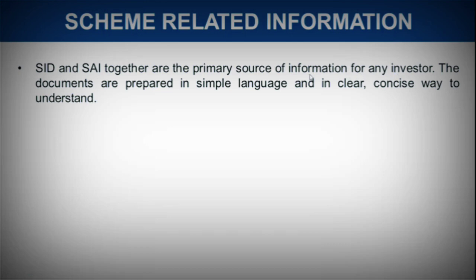So it's like a primary source of information that should be easily available to the investor, and that too in very simple language, in a concise, clear way, easy to understand, with the help of graphs and pictorial representations. No technical language is to be used, and whatever words are being used need to be explained as well. So if NAV is mentioned, then it should be explained what NAV is, so that investors get an idea of what NAV refers to.